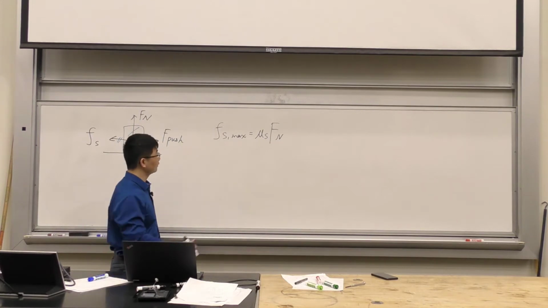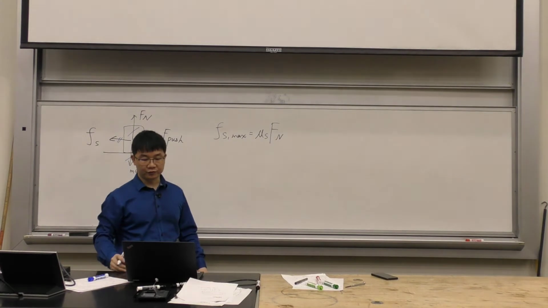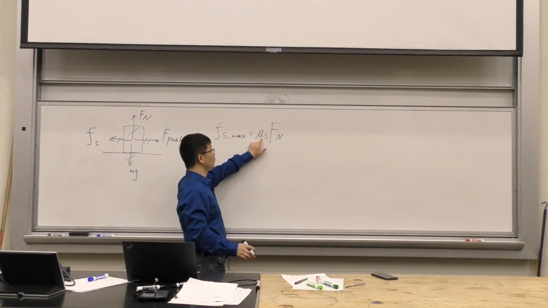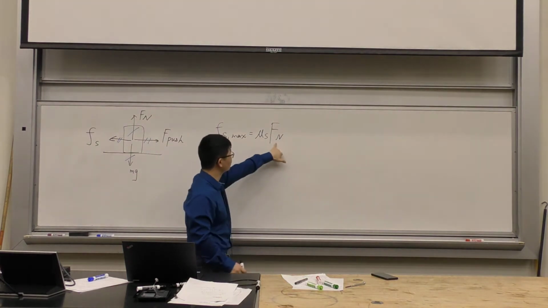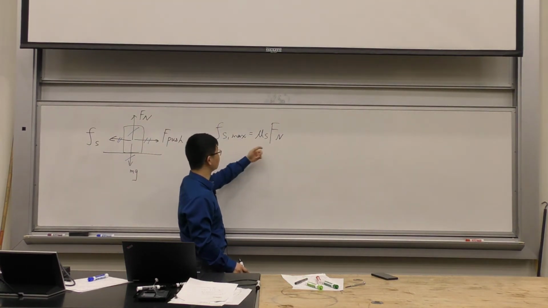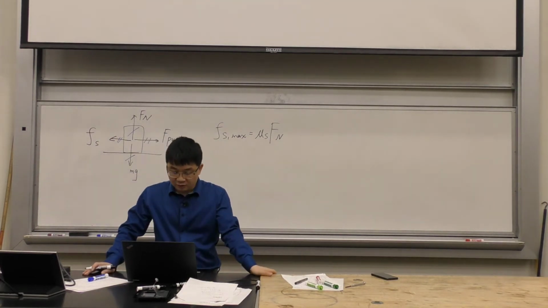So this Fn is the normal force. The mu_s is the coefficient, so obviously it doesn't have any units. You see that this is a force, so this guy can't carry any unit, otherwise the units are not going to be equal. So this mu_s is a dimensionless coefficient.